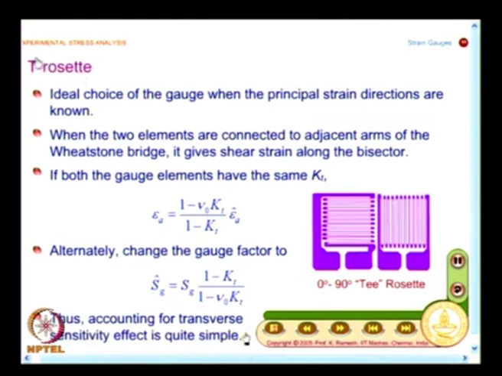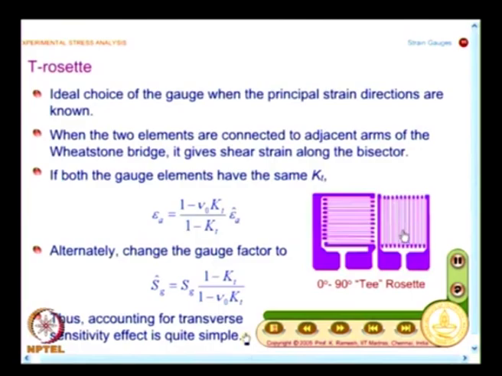And when I discussed these rosettes, I also mentioned normally you connect each of the strain gauges in a rosette to a separate Wheatstone bridge. So, I will be able to find out the state of strain at the point of interest. That is how I will proceed.